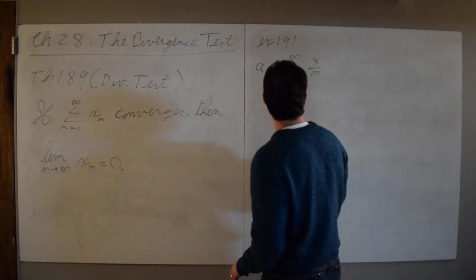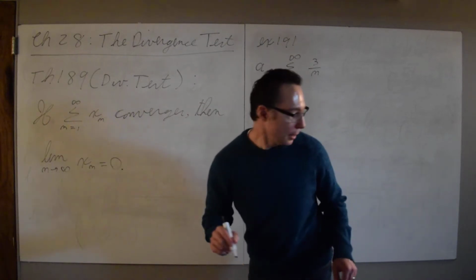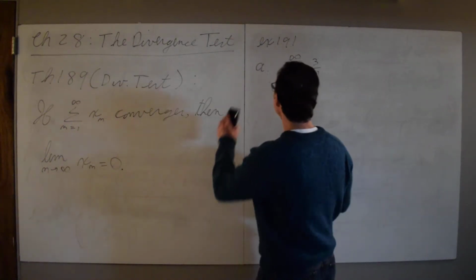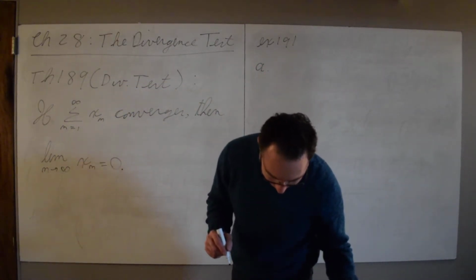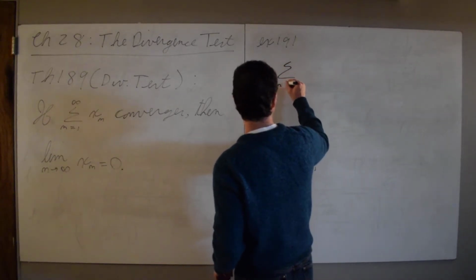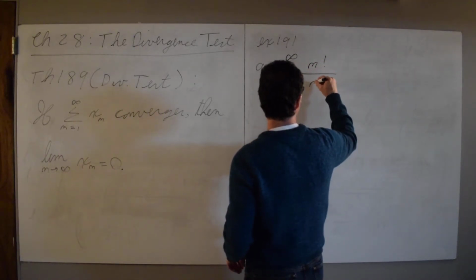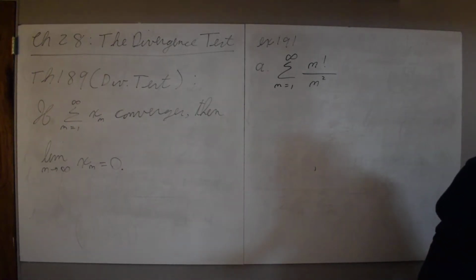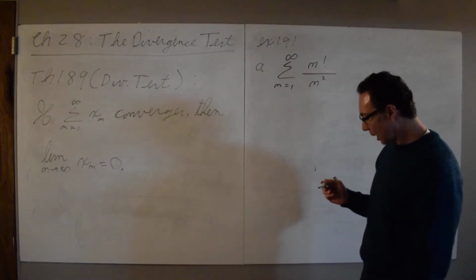So example 191, part A is the series from n equals 1 to infinity of n factorial divided by n squared. I had part A from another example up there, but this is the example we want to look at.